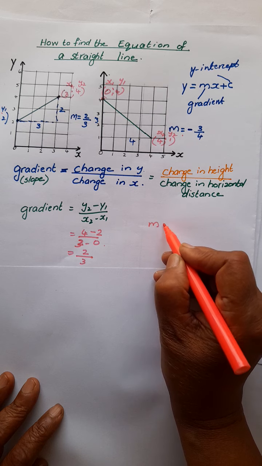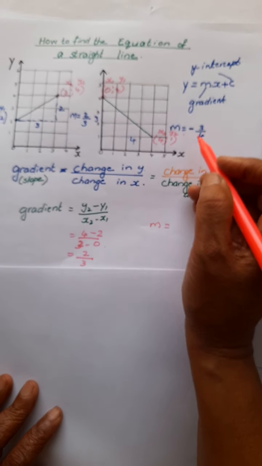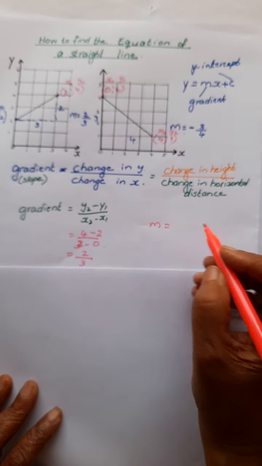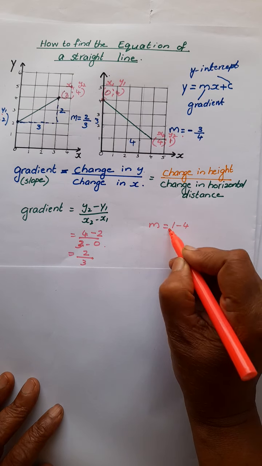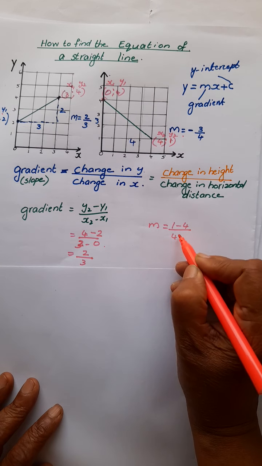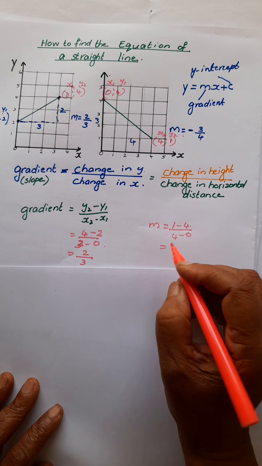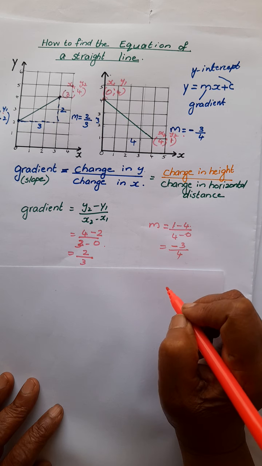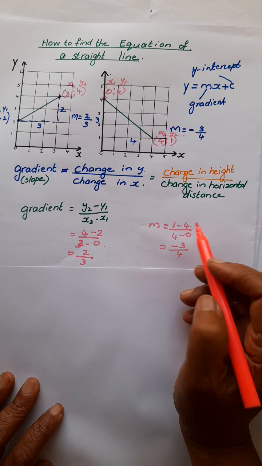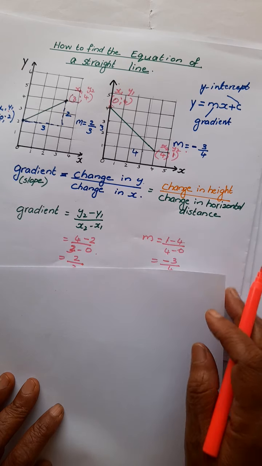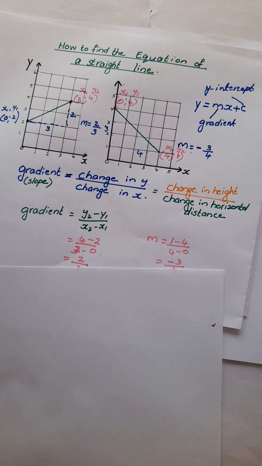So we get m is equal to 1 minus 4 over 4 minus 0. So 1 minus 4 is negative 3, and 4 minus 0 is 4. So we got the same answer as this one. So no matter what method you use, you still get the same answer.